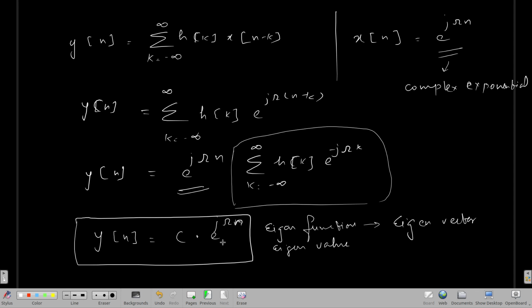So what is an eigenfunction or an eigenvector? It is some function or a vector. Let's call it a function here, because we are using this sort of notation. An eigenfunction is any function, any signal, that when given to a particular system, the output will be the same signal scaled.